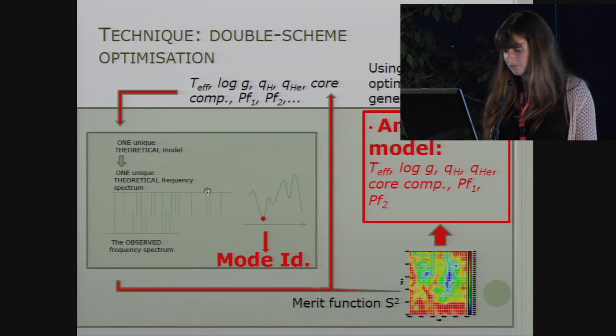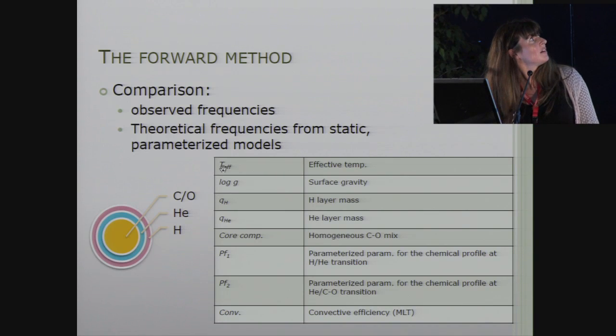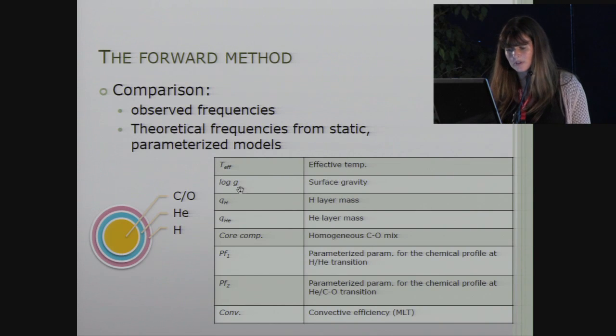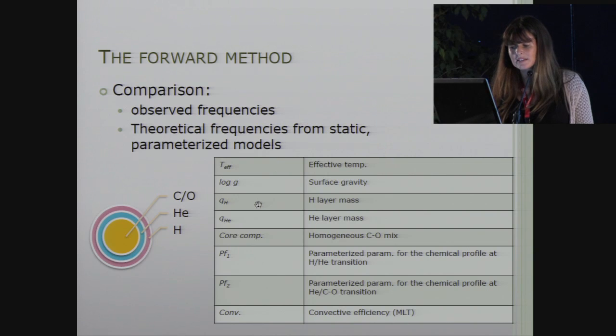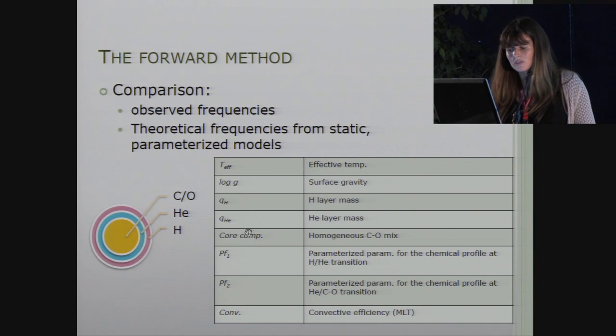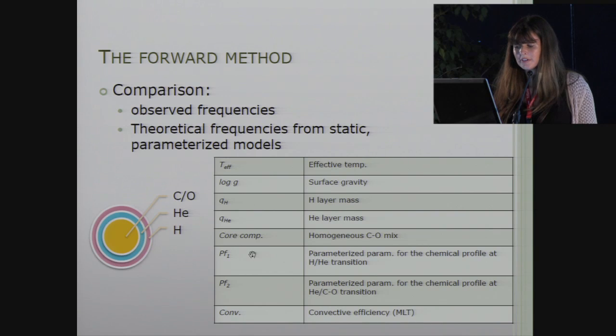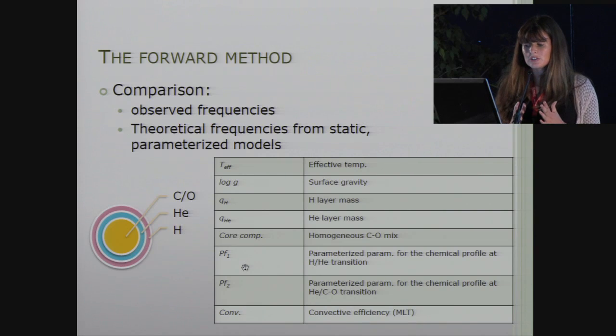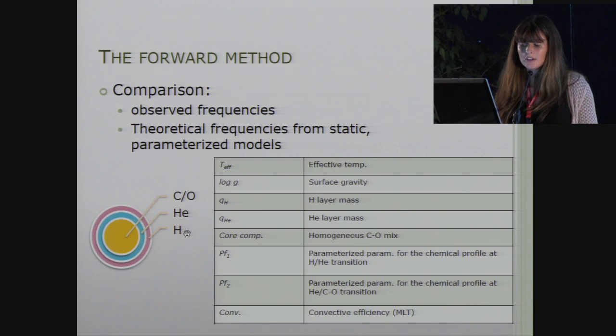Here we have all the parameters that were used to define a static model. Basically we have the effective temperature, surface gravity or mass, as you wish, the fractional mass of hydrogen and helium, and we can add the core composition as a parameter. These two factors are just a way to represent the transition between the two layers. They're a multiplicative factor to the equilibrium profile at the helium-hydrogen layer and the helium-carbon-oxygen layer.